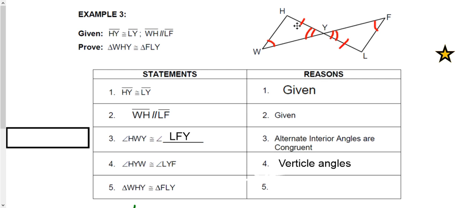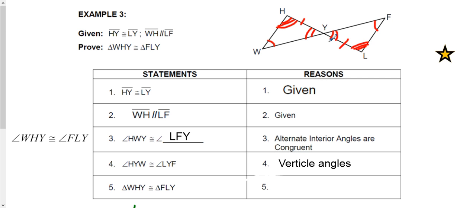We're going to show you that H and L are congruent. I named them with three letters, WHY. WHY is this one right here. I'll put 3 marks there. And FLY, F to L to Y, is this one right here. And these are congruent by the same thing with those parallel lines.